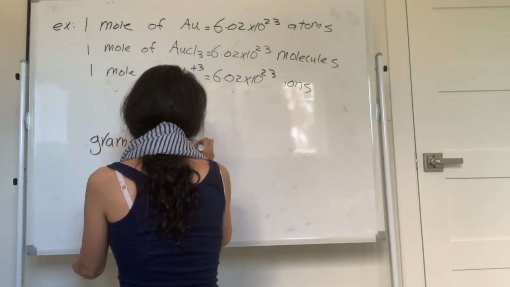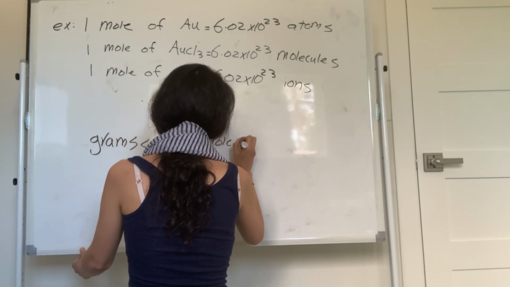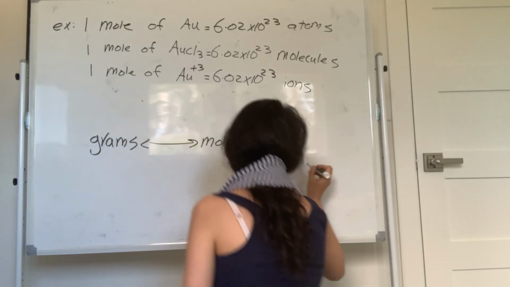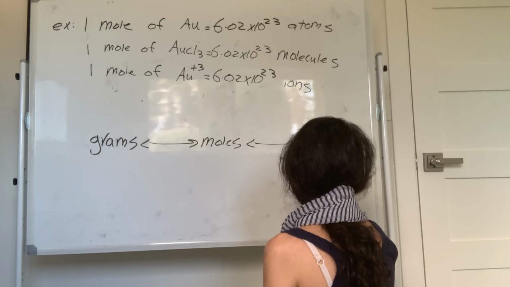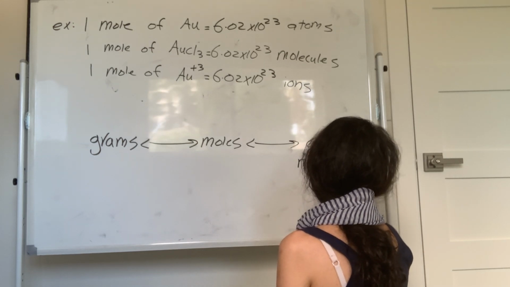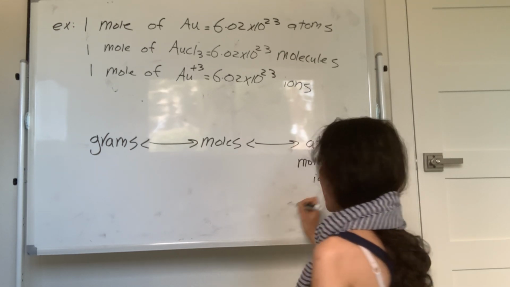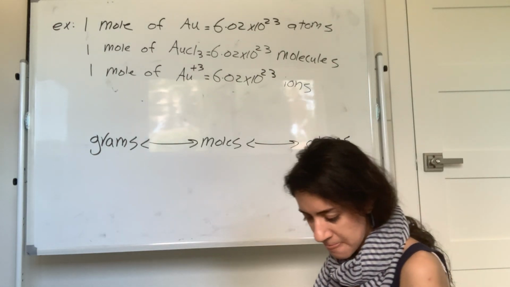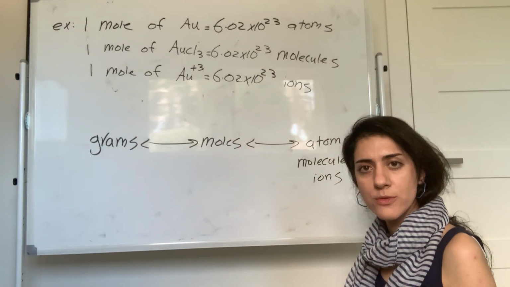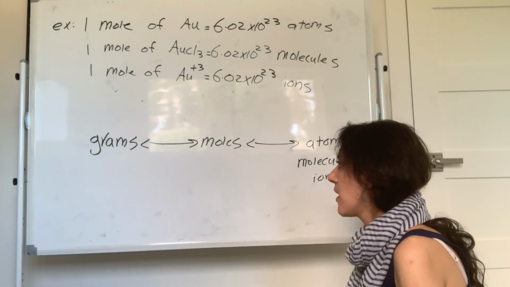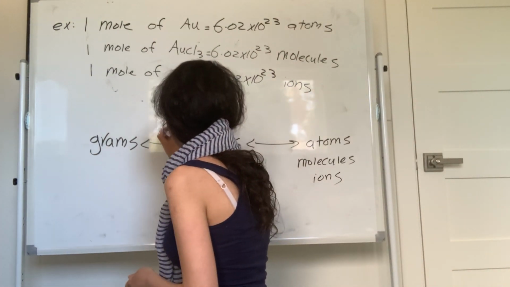Grams can go back and forth to moles. And moles can go back and forth to atoms, molecules, or ions.